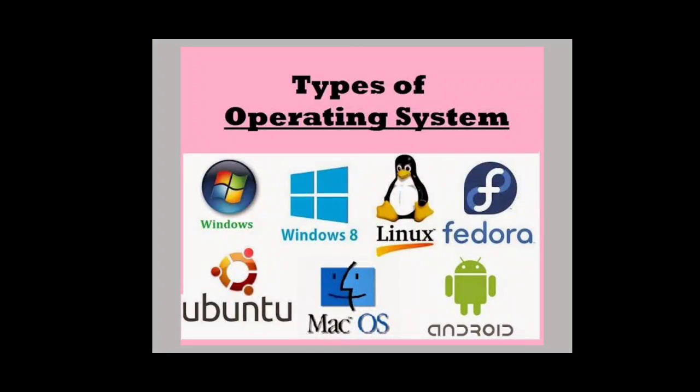In this session, we are going to see some of the types of operating systems. An operating system usually comes preloaded on any computer you buy. Most people use the operating system that comes along with their computer itself.